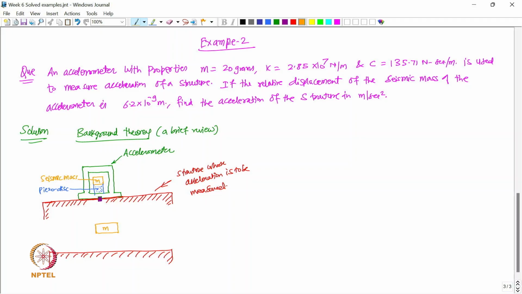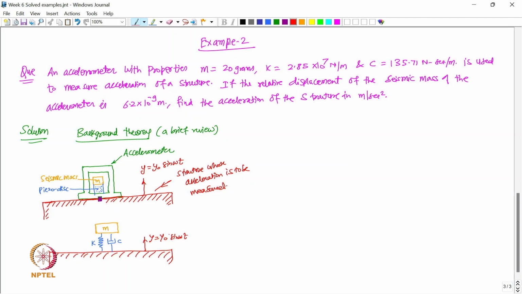There will also be some stiffness coming from the decompression spring used in the accelerometer, but we can ignore that for the present discussion, and just say this is the stiffness and this is the damping of the piezo disc. So now, if the acceleration of this structure is, let us say, sin omega t, then what is going to happen?